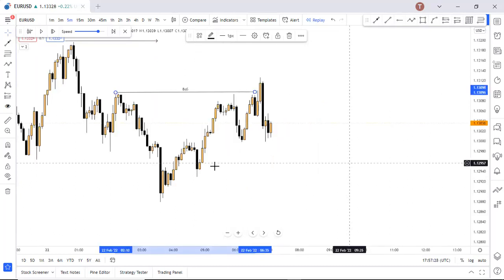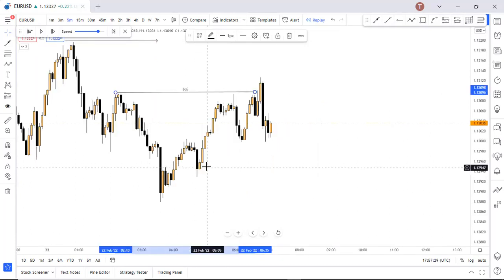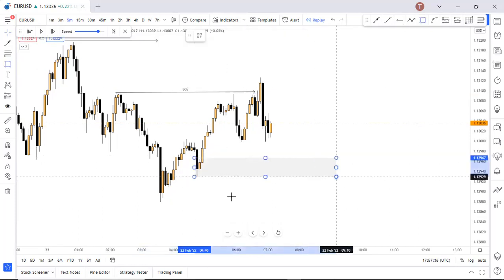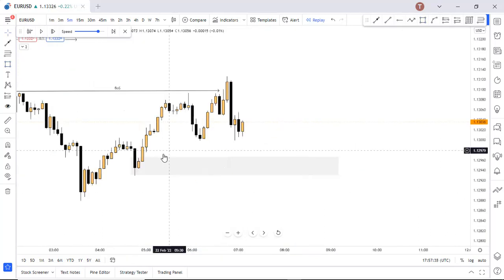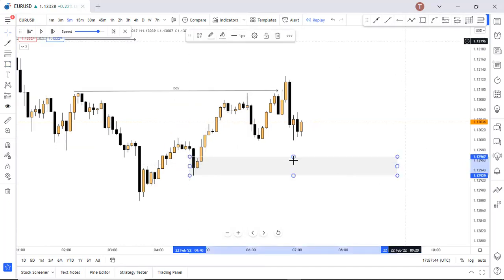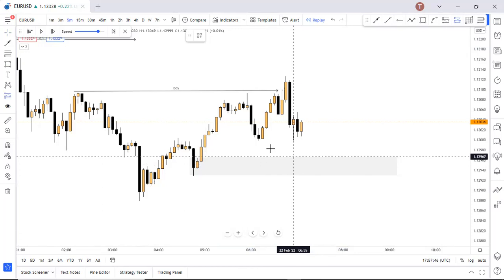So I started looking for entry opportunities, and as you can see down here, we have this little demand zone with imbalance. Price left some gap in this zone, so I had this zone marked out as entry, as I had my buy limit set.